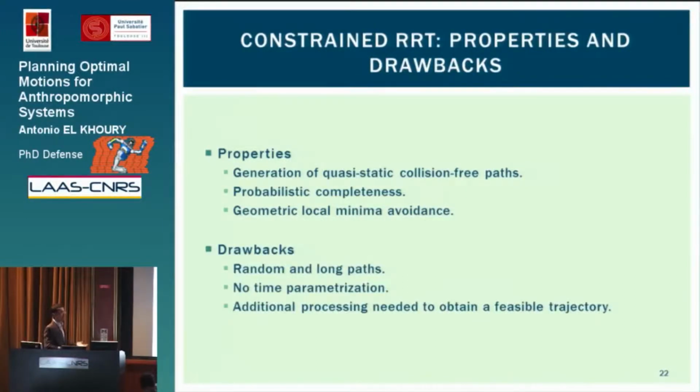Now, it also inherits the drawbacks of the RRT, which is that it could lead to random and long paths. But what we can still do is rely on shortcut optimization methods to try to shorten the path a bit. Still, we have found a path, but there is no time parametrization, and we still don't have a trajectory that we can execute on the robot. So we need additional processing to obtain a feasible trajectory.